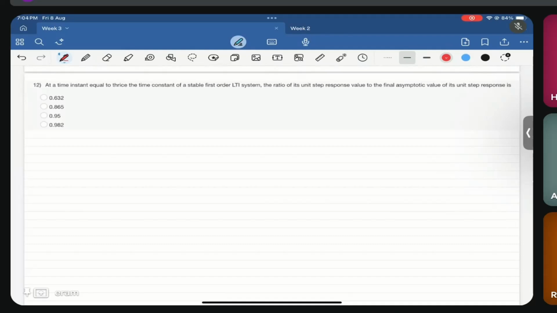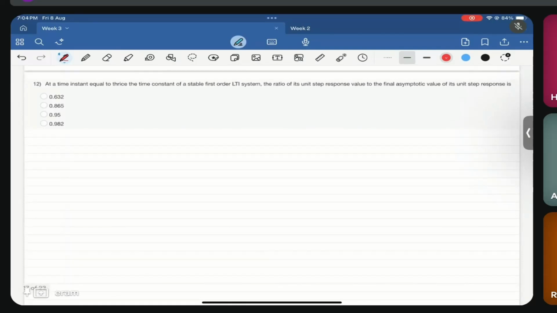So this question is saying that at a time instant equal to thrice the time constant of a stable first order LTI system, we have a stable first order LTI system and the time is thrice the time constant.